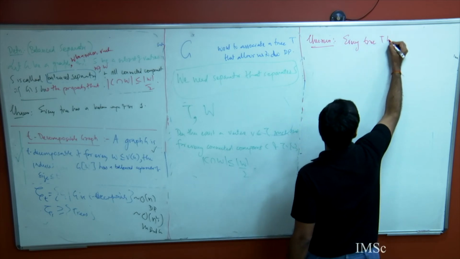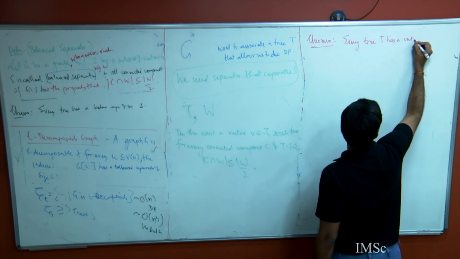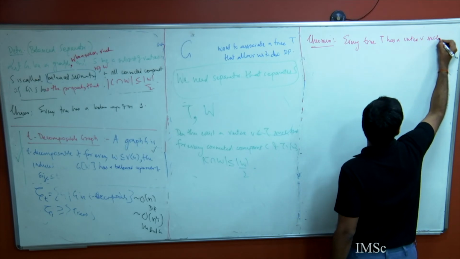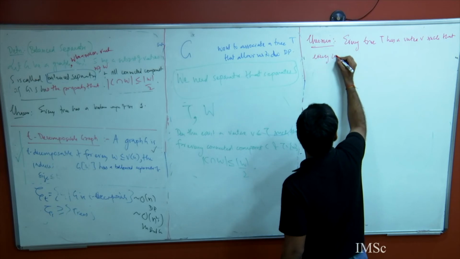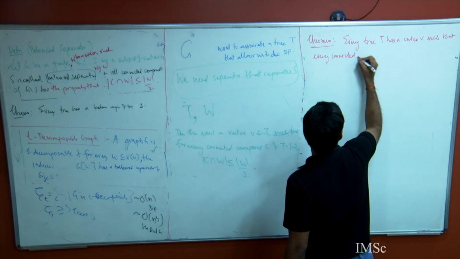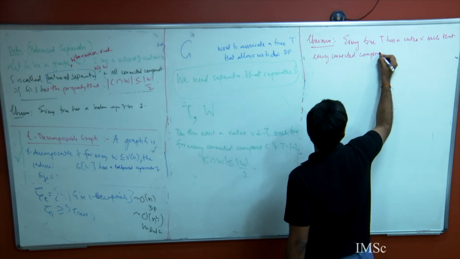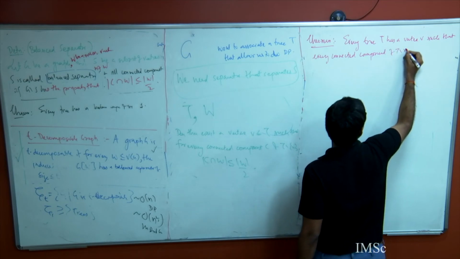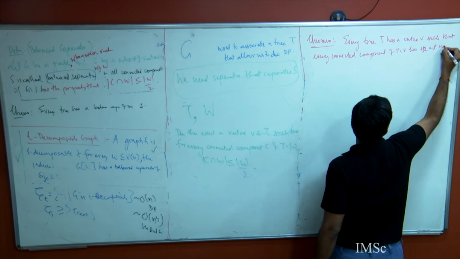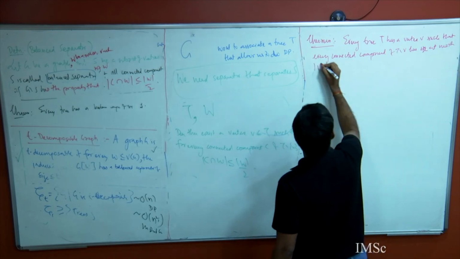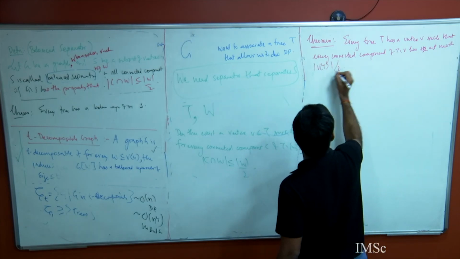Every tree T has a vertex V such that every connected component of T minus V has size at most Vt by 2.